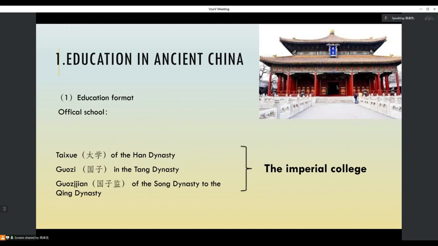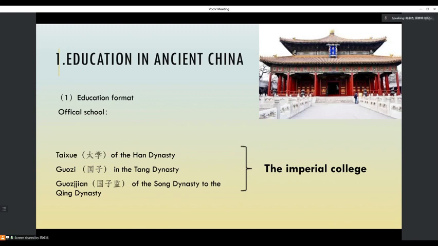Number two. There are two models of school in ancient China. One is the official school, just like this picture represents. Official school. And the other is private. But in different dynasties, the official school had different names.